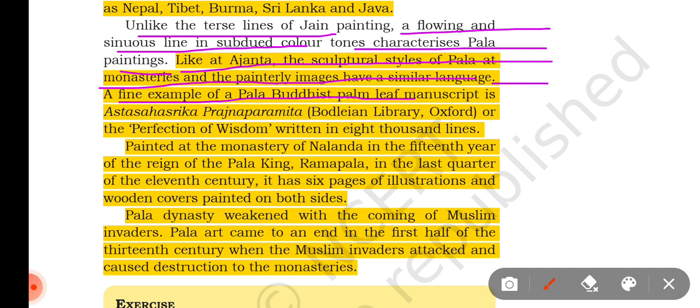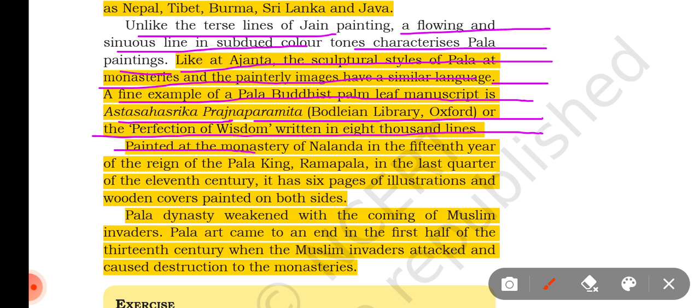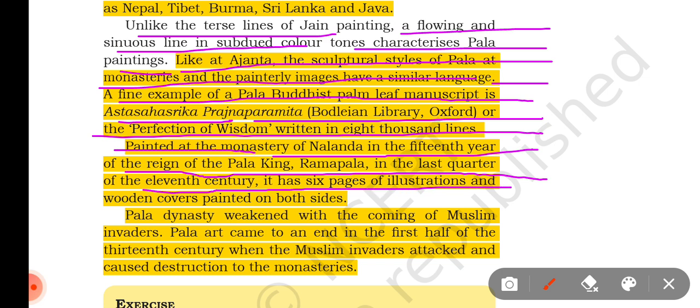A fine example of a Pala Buddhist palm leaf manuscript is the Ashtasahasrika Prajnaparamita, Bodleian Library, Oxford, or The Perfection of Wisdom written in 8,000 lines. Written at the monastery of Nalanda in the 15th year of the reign of Pala king Ramapala, in the last quarter of the 11th century, it has 6 pages of illustration and a wooden cover painted on both sides.